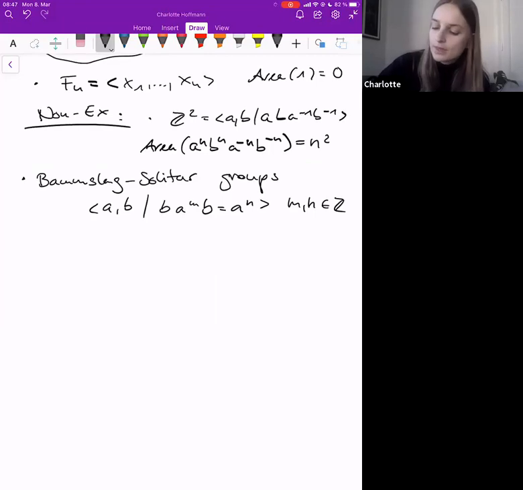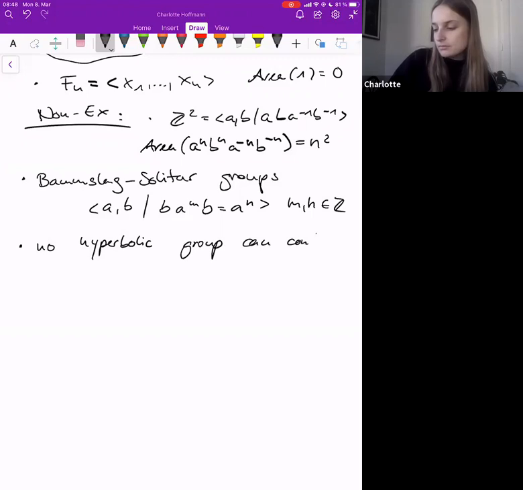And even more, you can say that any group that contains a Baumslag-Solitar group as a subgroup can never be hyperbolic. So no hyperbolic group can contain a Baumslag-Solitar group as a subgroup.